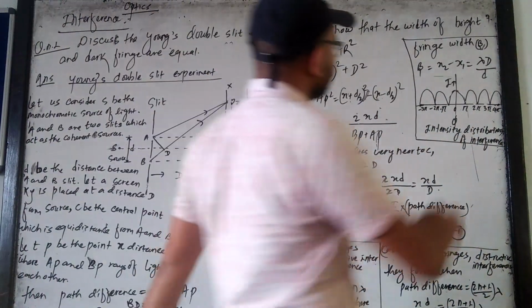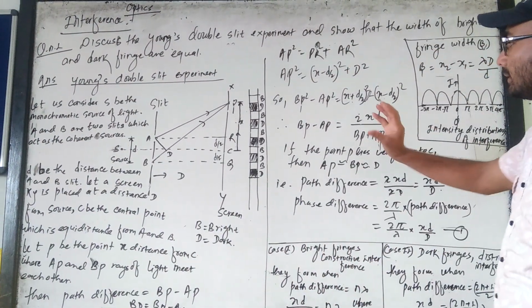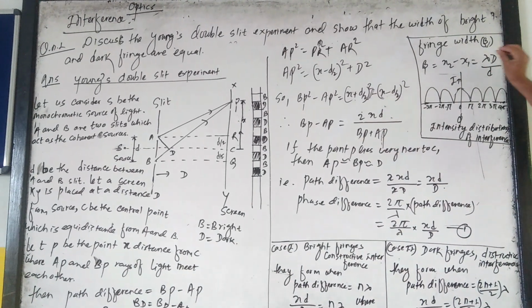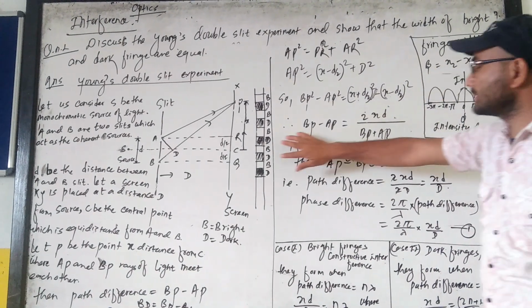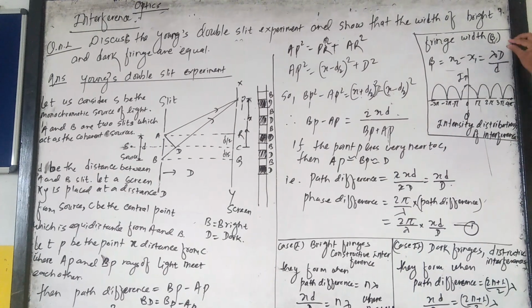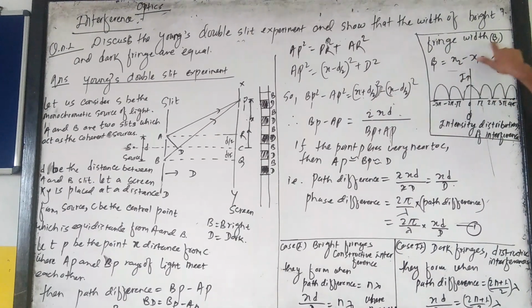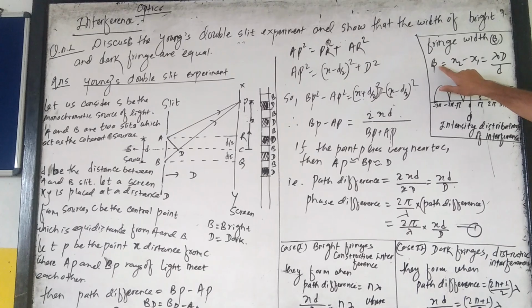Similarly, the fringe width means how much width this bright fringe has. To know how wide it is, beta is represented by beta equals x2 minus x1.